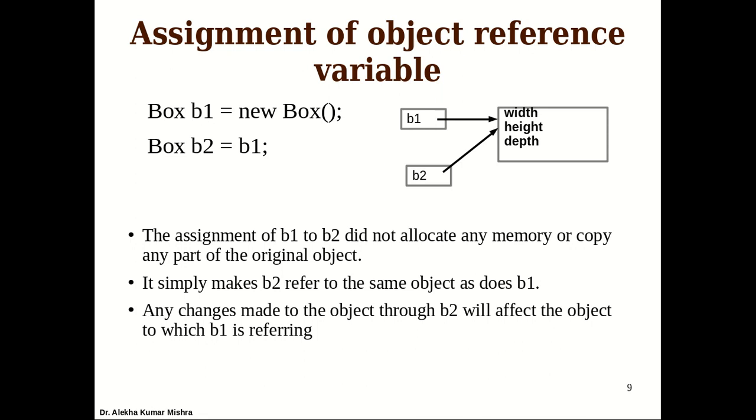We can call b2 a reference variable to b1. Any changes made through b2 will also affect the actual object seen through b1, and vice versa. It doesn't matter whether you change through b1 or b2, because both hold the reference to the same object. You must remember this concept.